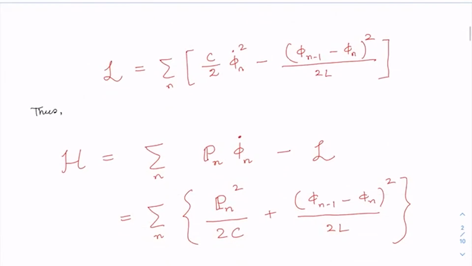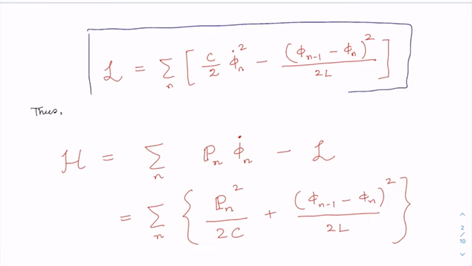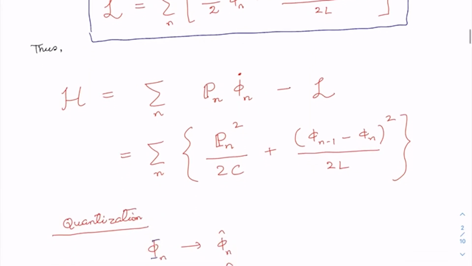Then, in terms of this magnetic flux, we can write down this Lagrangian, and from here we immediately get our Hamiltonian. This is the classical Hamiltonian, and it turns out that the momentum and the coordinate are canonically conjugate variables.